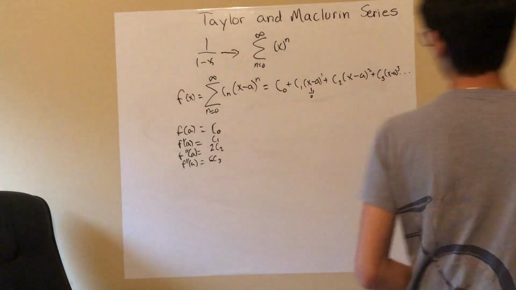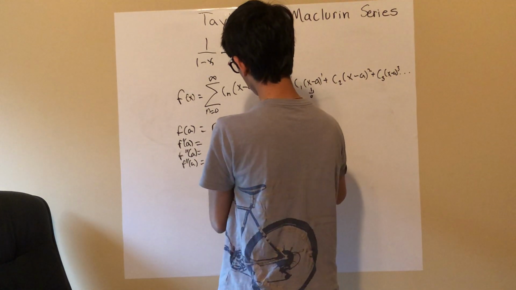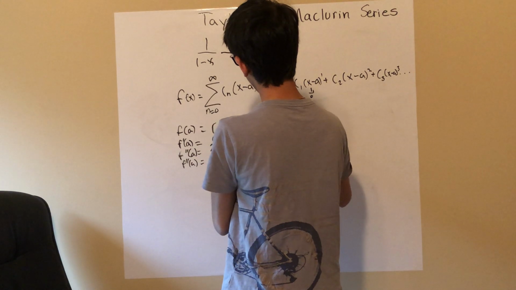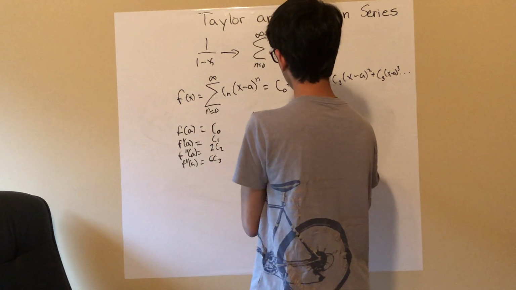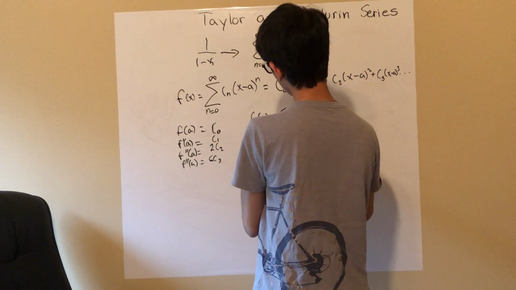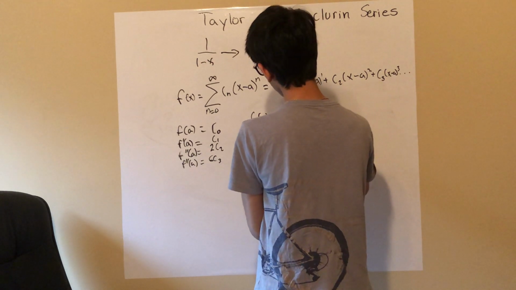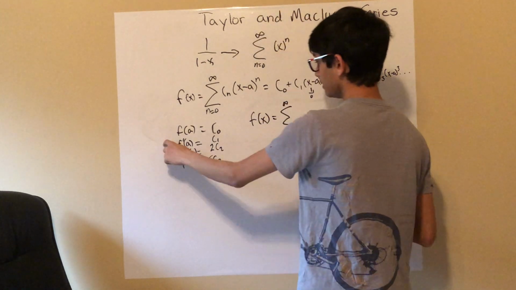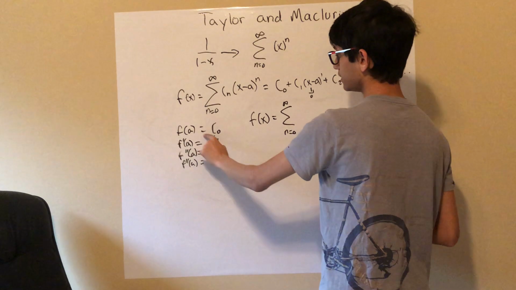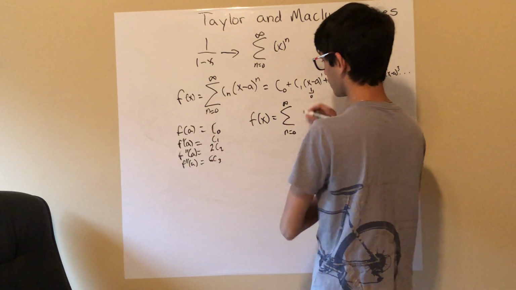You can write f of x equals the sum from n equals 0 to infinity. So you know that f of a equals c0, right?